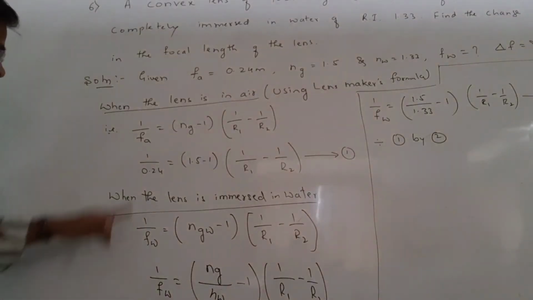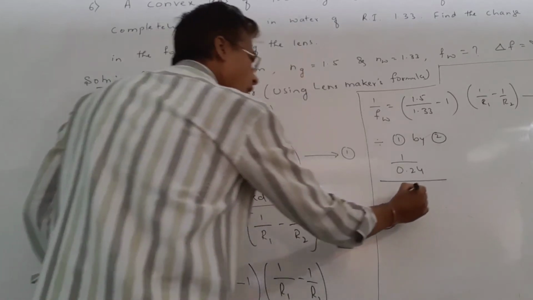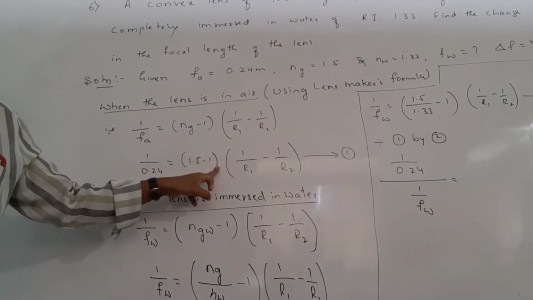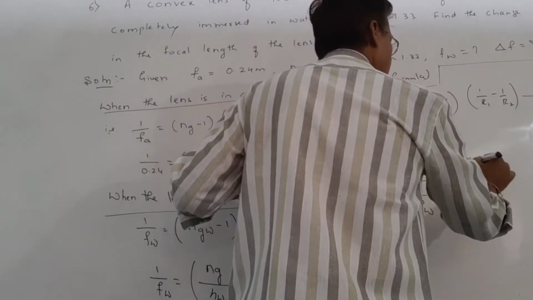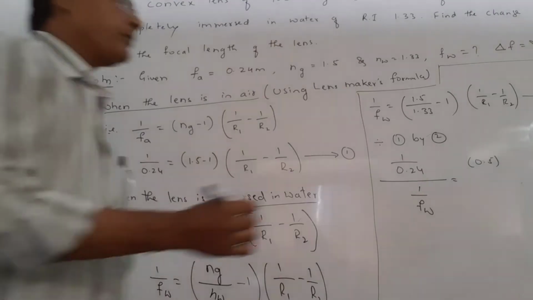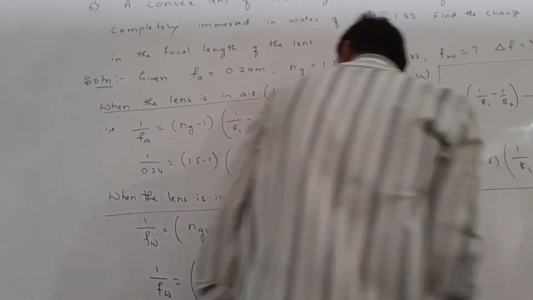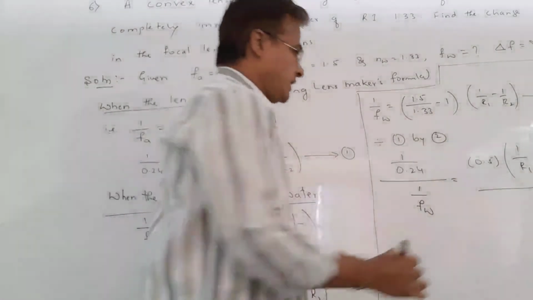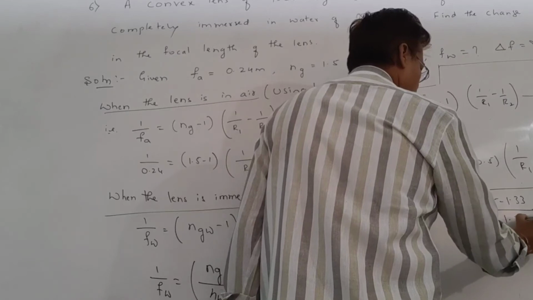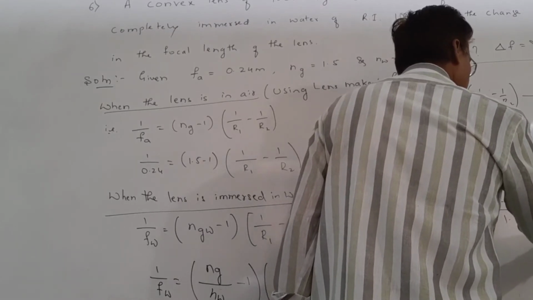Dividing equation 1 by 2 means 1 by 0.24 whole divided by 1 by Fw equal to 1.5 minus 1, which is 0.5, bracket 1 by R1 minus 1 by R2, divided by, taking the LCM, 1.5 minus 1.33 divided by 1.33, close the bracket, 1 by R1 minus 1 by R2.